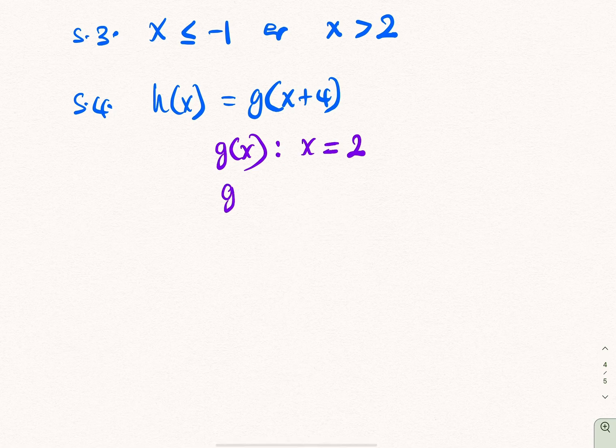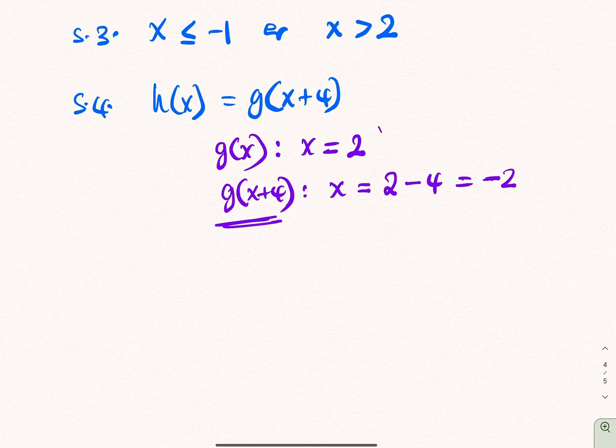So now for the vertical asymptote of g of x plus 4, which is equal to h, you are going to say, well, you translate it horizontally by 4 units to the left. That means you're going to have the original one minus 4, and that gives you a -2. You are going to translate the original one to the left by 4 units, which means negative. If it was to the right, it was going to be plus.